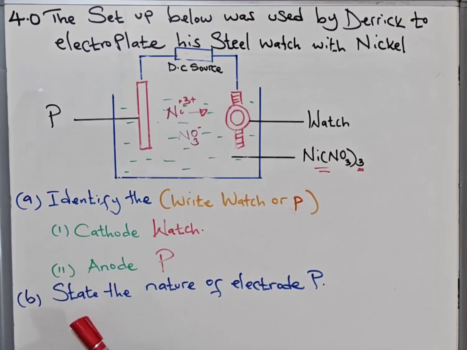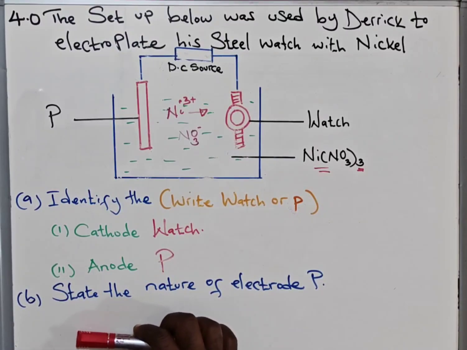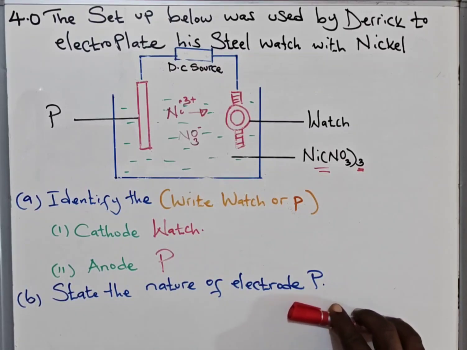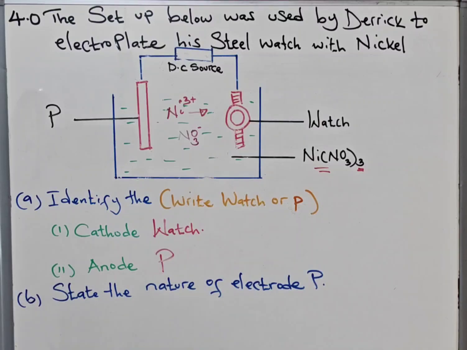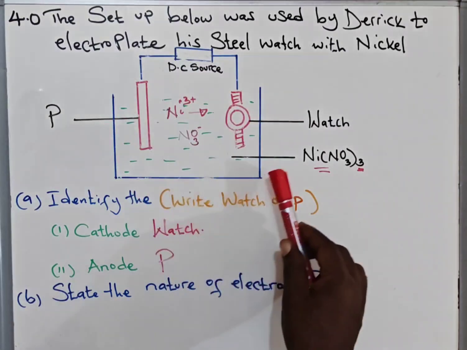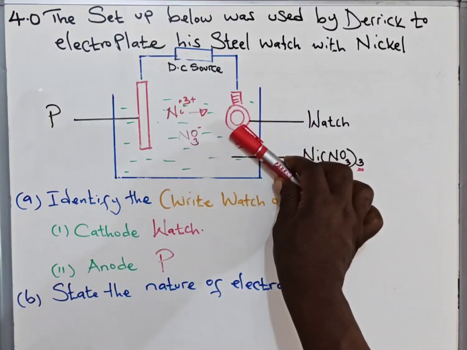Then we come to this question. It says that state the nature of electrode P. There are 3 basic principles to consider in electroplating. 1, the electrolyte must be the salt of what you want to electroplate.